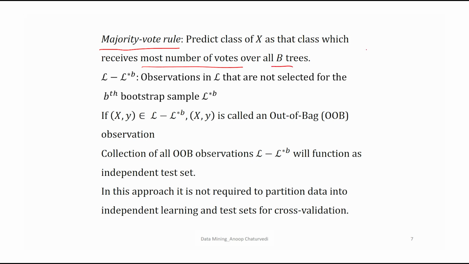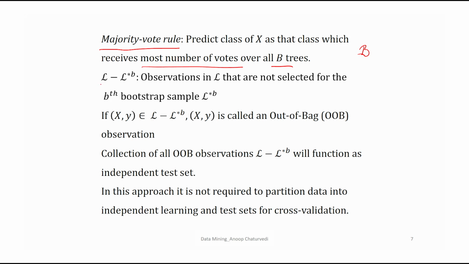You have total B trees, and if a particular class receives the maximum number of votes, then we say that that particular class is the predicted class of x. And this rule is the majority vote rule.